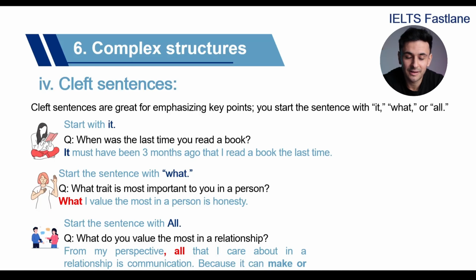And make or break there is actually a collocation, and it means it is the most important element, very crucial, very intrinsic. The communication there, if it's good, then it's going to make the best relationship, but if the communication is not there, then it's going to literally break the relationship. And these are basically what cleft sentences are.